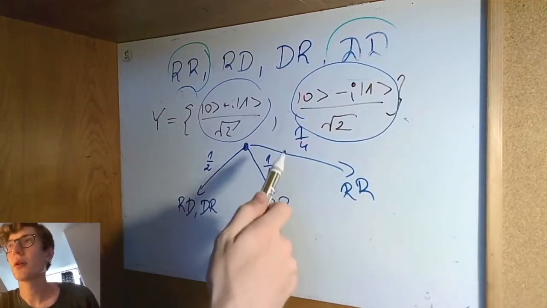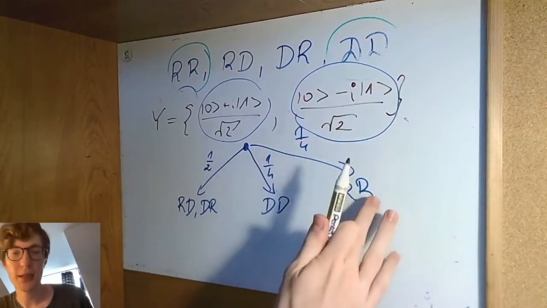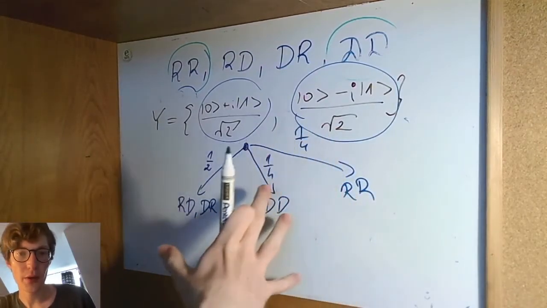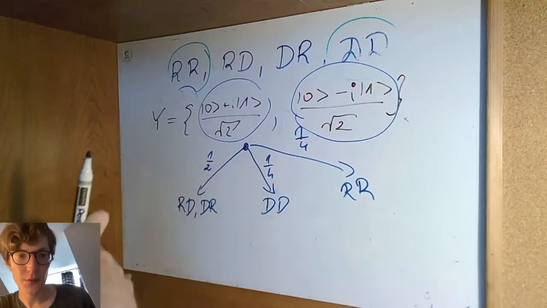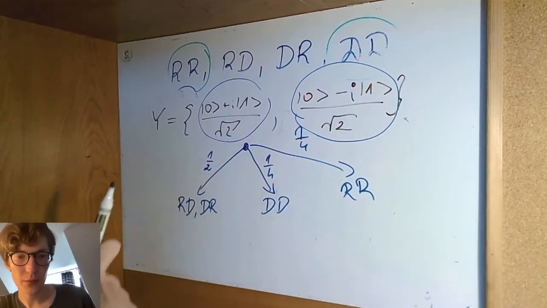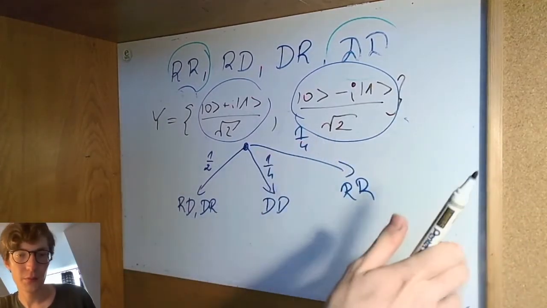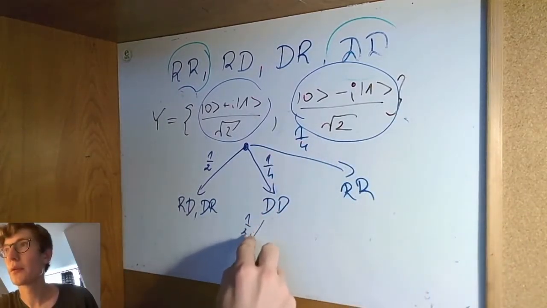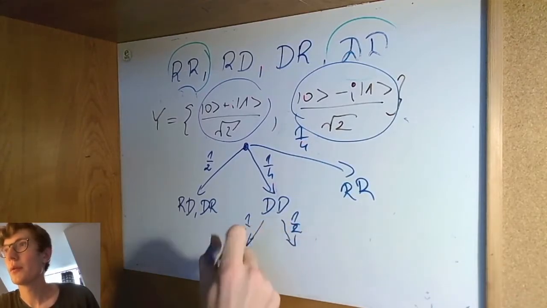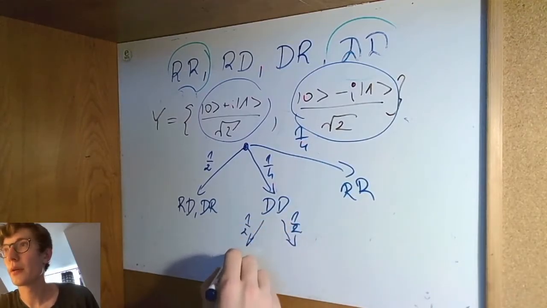And those measured in both D and R bases will collapse to 0 and 1 with equal probability, or plus or minus with equal probability. So we will have 1/2, and here will be the same, right?